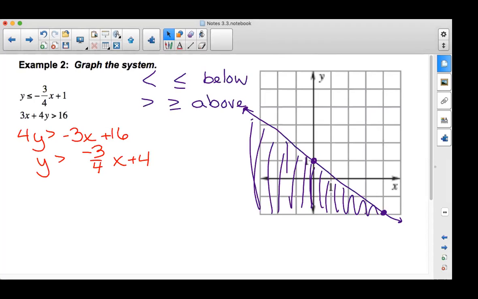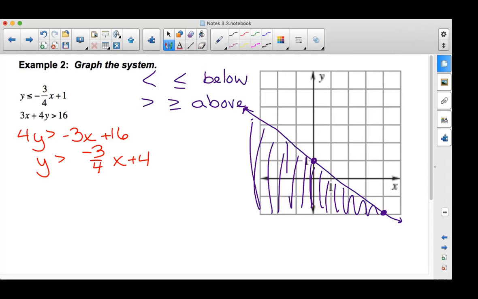When you go to graph the second, this time we're going up 4. Brooke, what kind of line are we making here since it says y is greater than? 1, 2, 3, 4. Yep, I think I counted up from the other point.